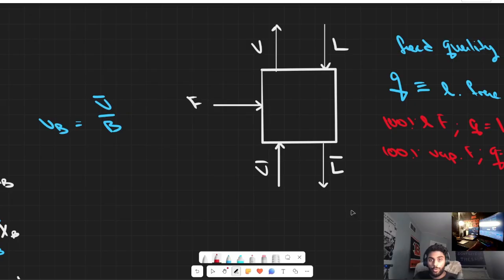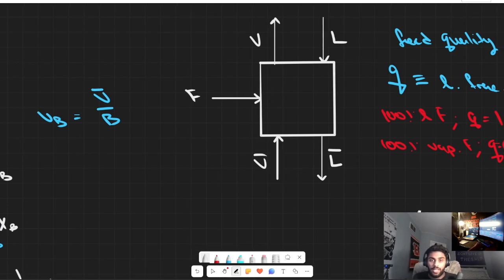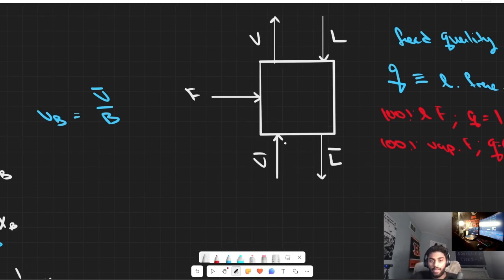So again, we do a mass balance on our stage where our feed is entering. Let's look at the liquid first. What's entering for our liquid is our liquid from our rectifying half and our feed times the liquid fraction. So we'll say that L bar, which is what's exiting into our stripping half, is equal to our liquid from our rectifying half coming in plus our feed quality times our feed rate.